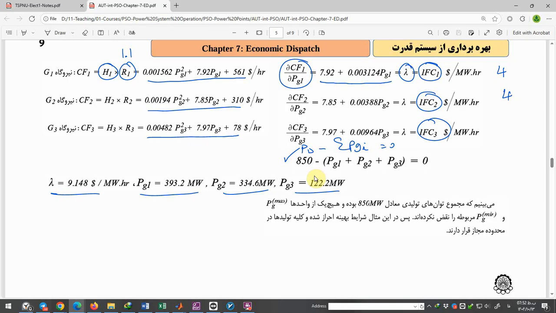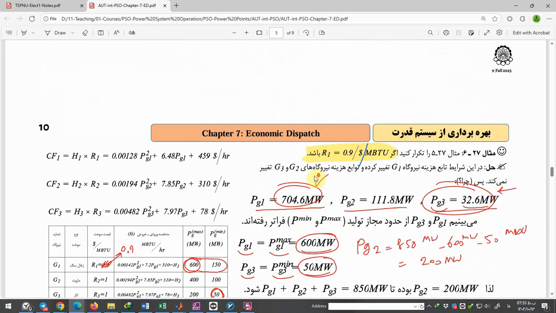But if a calculated active power goes over the maximum or goes under the minimum, you have to set that parameter to the limitation.